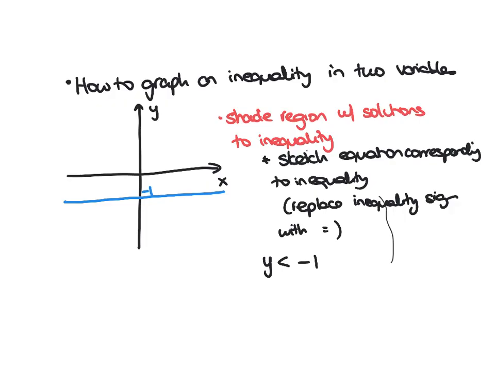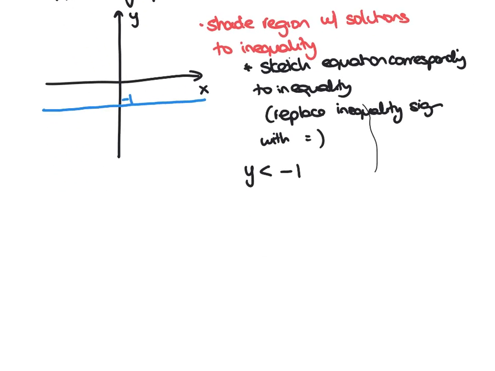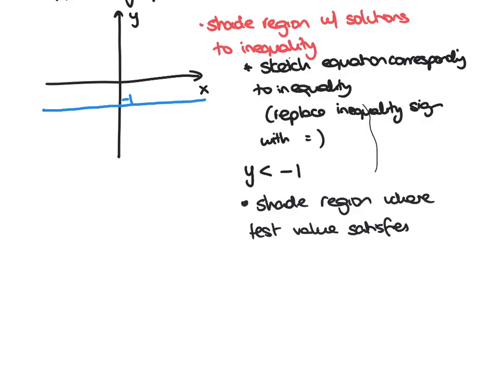So therefore, in the second step, what we do is we pick the region where a test value, so some value within that region, satisfies the inequality.